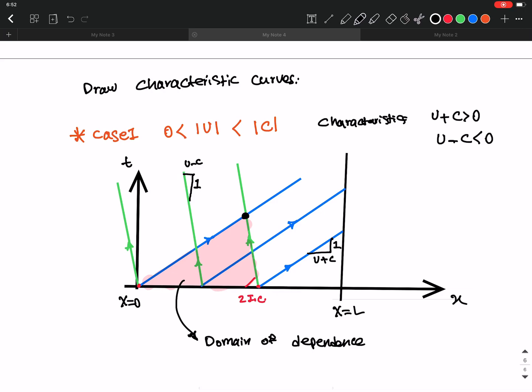So this is where the information comes from, and we can find the solution for this parameter.